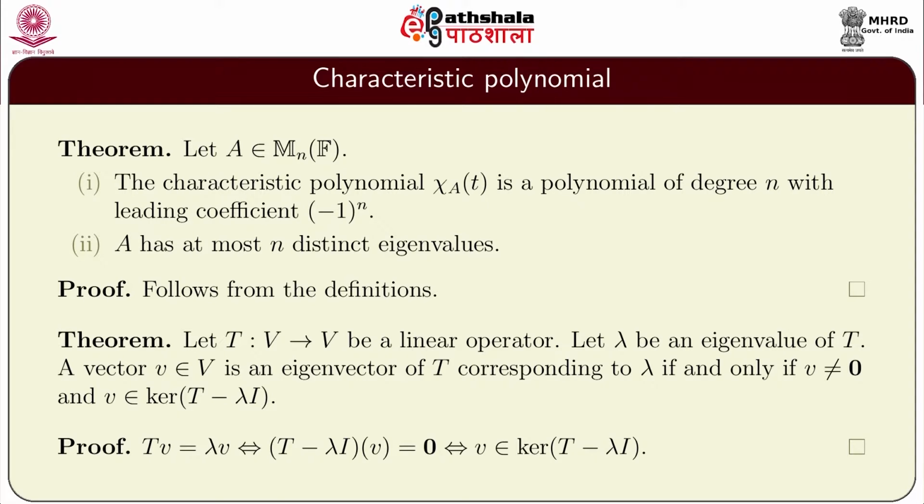A minus T In is also an n cross n matrix, and therefore the determinant is a polynomial of degree n, and if we expand it, then we can see that the leading coefficient has to be minus 1 to the power n. So, chi A of T being a polynomial of degree n can have at most n distinct roots and therefore at most n distinct eigenvalues for A.